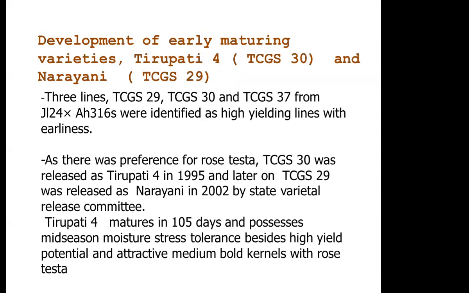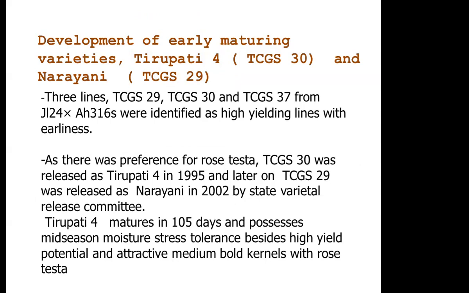From those bulks which were selected and evaluated in different yield trials, these are the 2 lines that were promoted to the next stage, that is release. Tirupati 4 was released first, in 1995, as it has rose testa and preference is for rose testa. In 2002, Narayani was released.